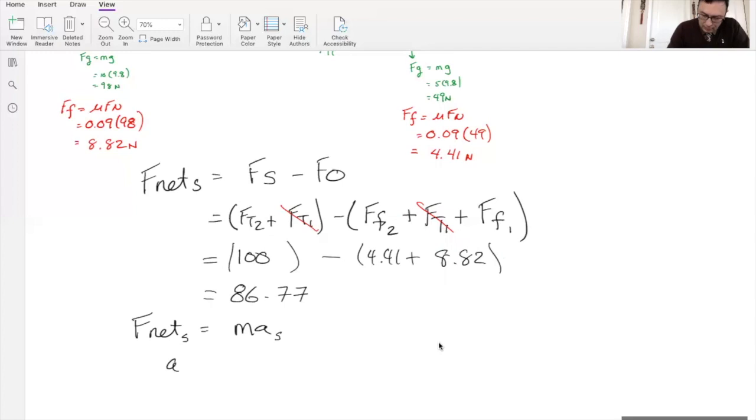Acceleration then is going to be equal to that F net over the mass. Let's put the numbers in first. 86.77, and the mass is, for both objects, 10 plus 5, 15 kilograms. Find the acceleration.